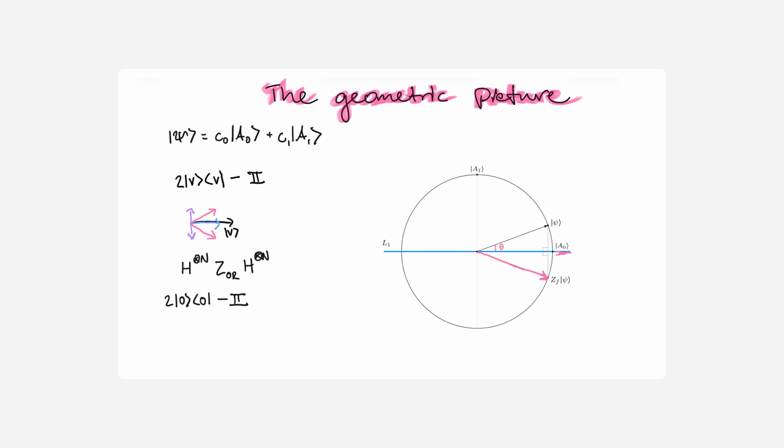The Hadamards surrounding this reflection are effectively a basis change, changing the axis about which the reflection occurs. Remember that H changes the state of all zeros to the state with an equal superposition of all states, which we label U here.